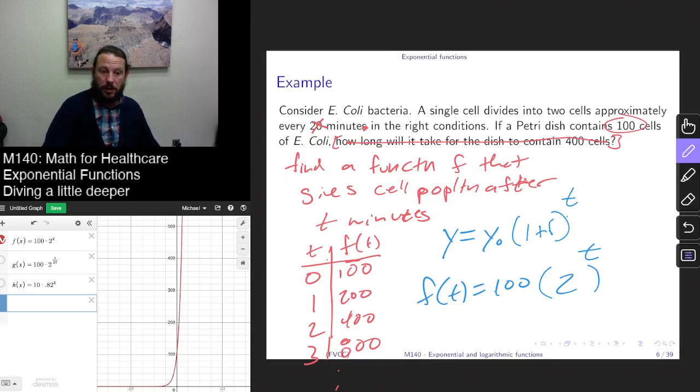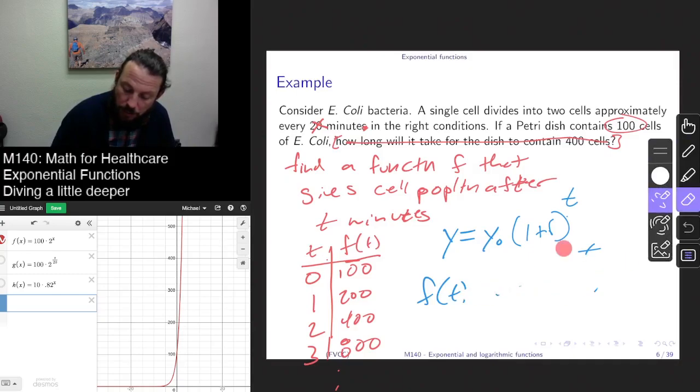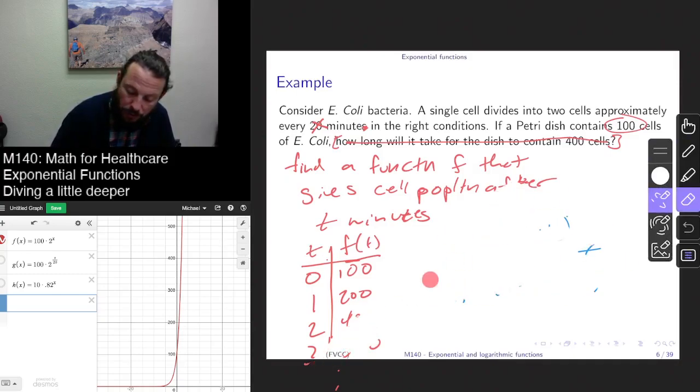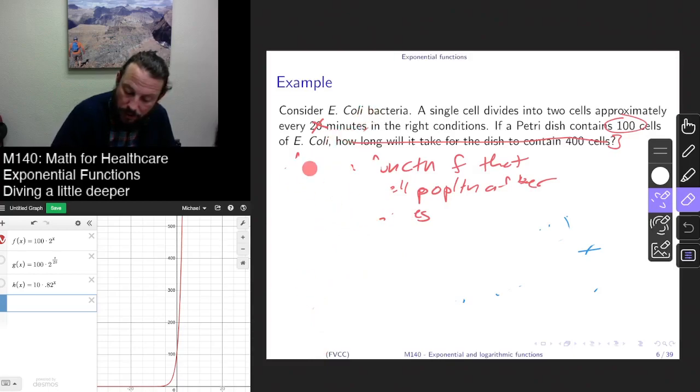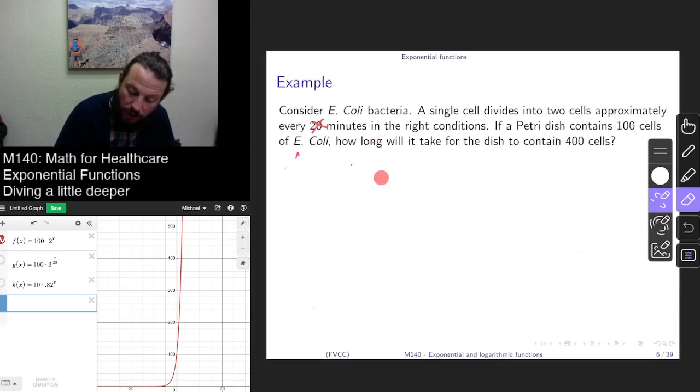But that's a reminder. Now, let's go back and say, what if I wanted to do every 20 minutes? Let's think about that. Let's make a chart, still starting with 100 cells, to see when we get to 400 cells.